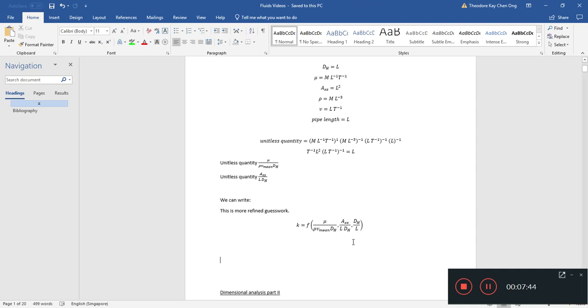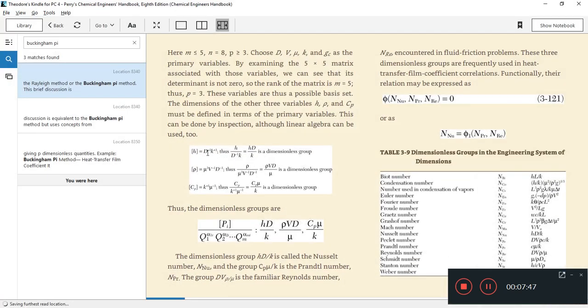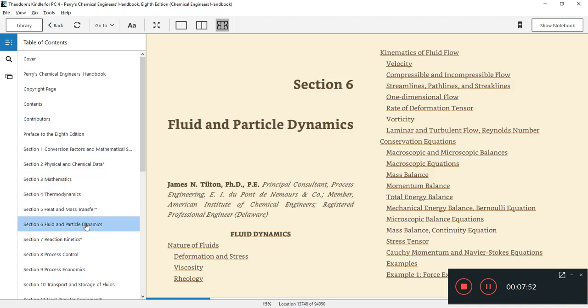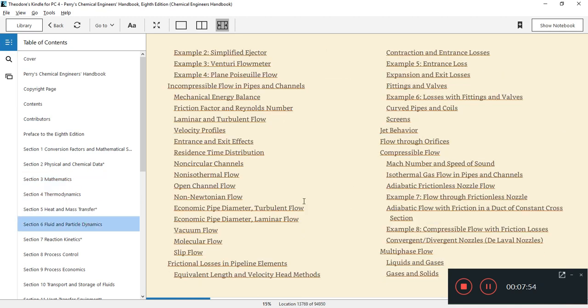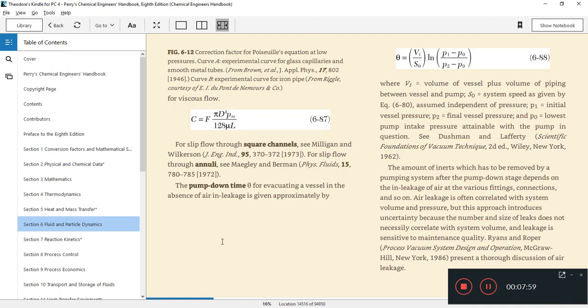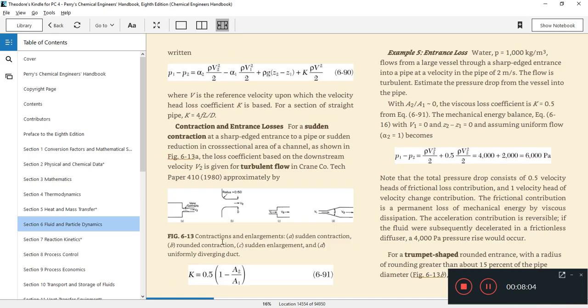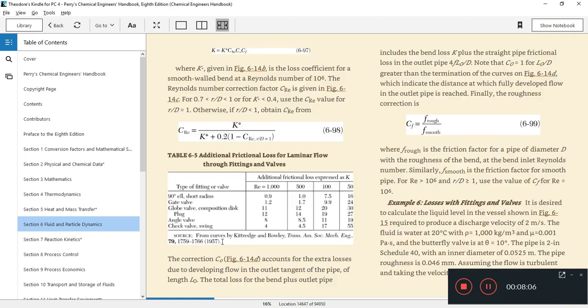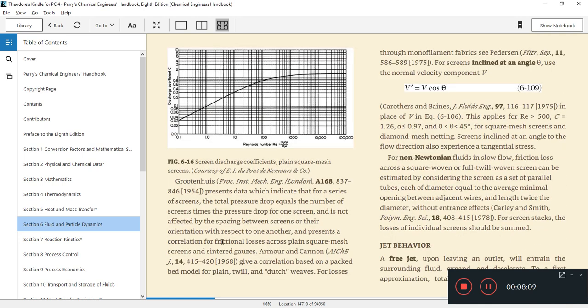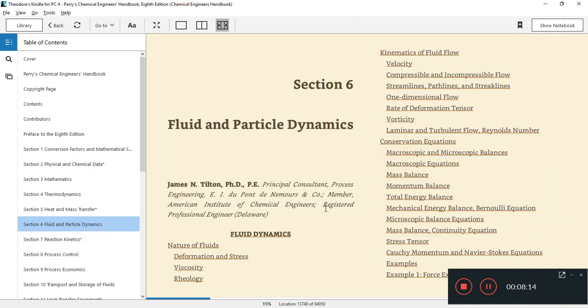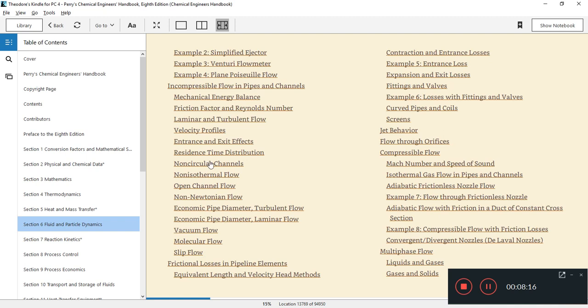So now, let's go to Perry's Chemical Engineering Handbook. I'll show you something. Friction factor. Let me look again. Can't remember where it is. Okay. Incompressible friction factor and Reynolds number.